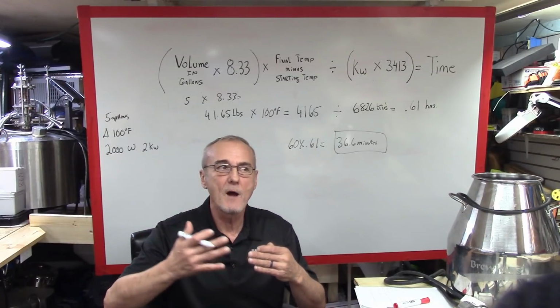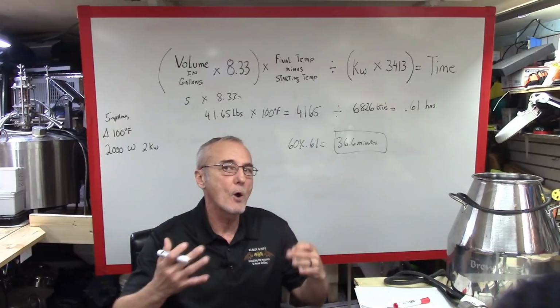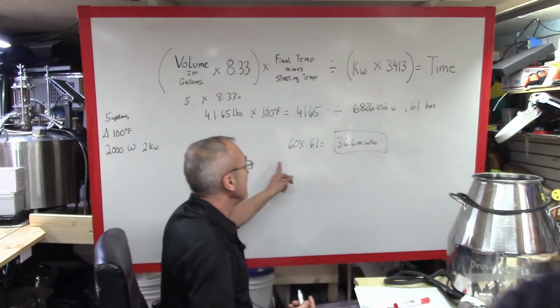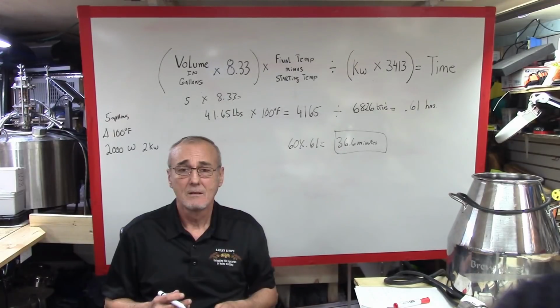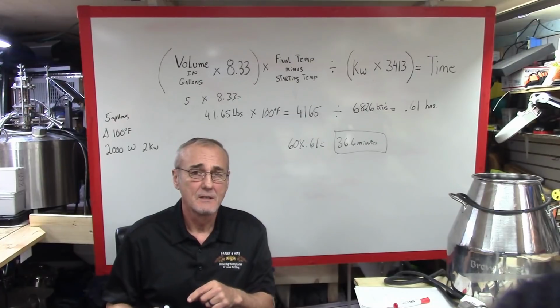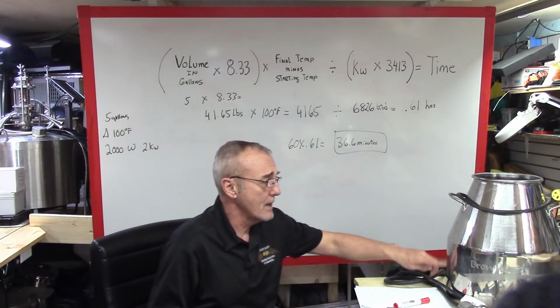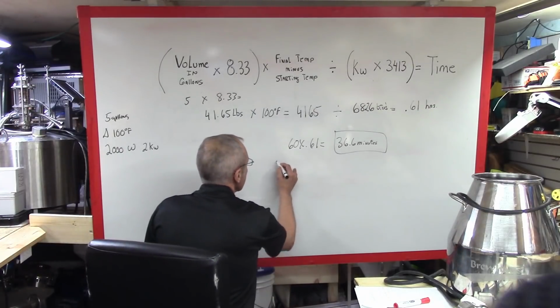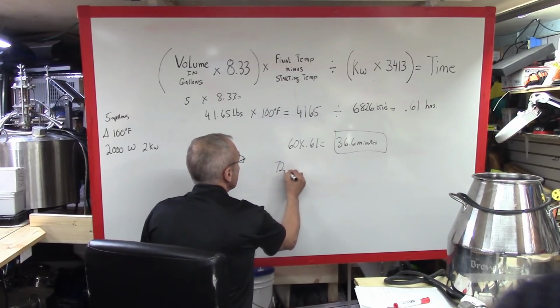Now we're starting to find out more and more about our system and about our particular still. And in this particular case, it took us an hour and 12 minutes with a 2,000 watt element. So that was 72 minutes.